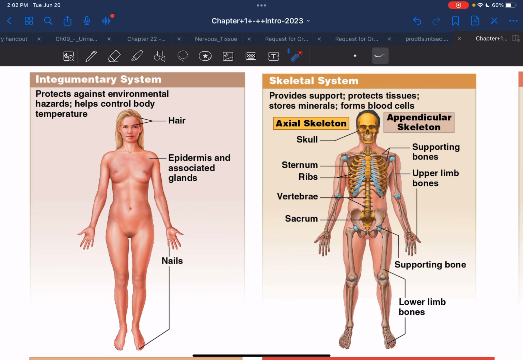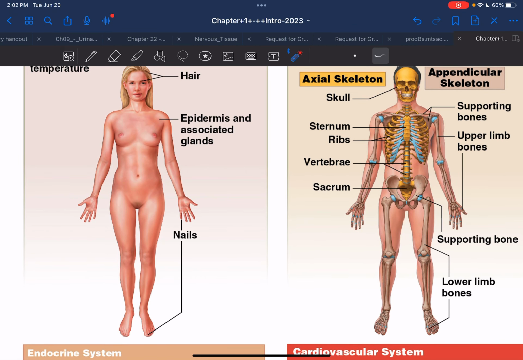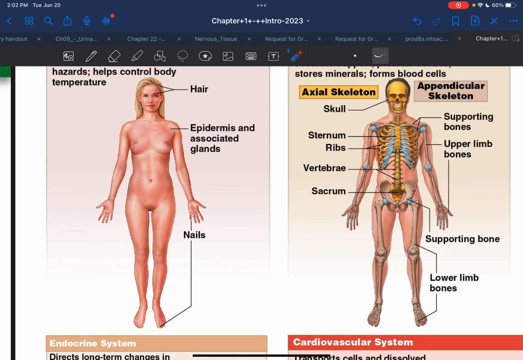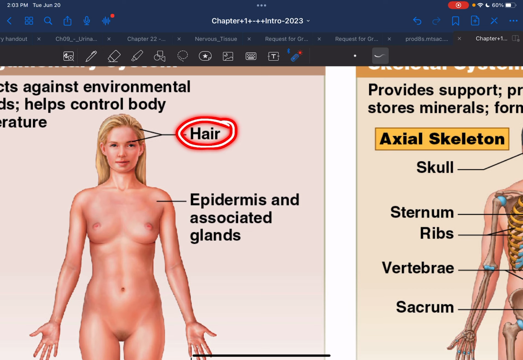So, integumentary system, its function is to provide protection against the outside world. That's why I've referred to it as your skin for now, because that's what your skin is. It's the largest organ in your body, and it's also the site of where your hair can grow. That's why we have body hair, more in some places than others.